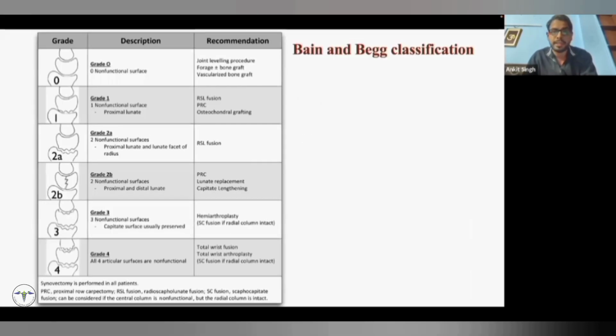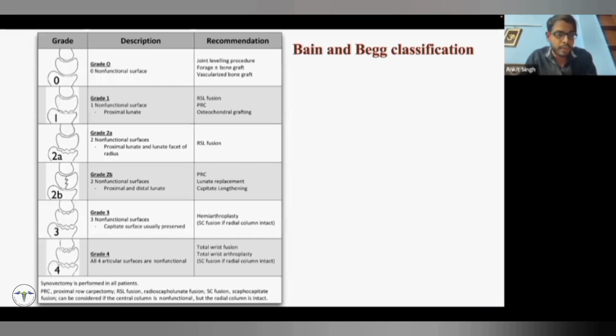A newer classification is by Bain and Begg, which is an arthroscopic classification, where, as you can see, there is a grade 0, where there is no non-functional surface. Grade 1 shows one non-functional surface, such as the proximal lunate, as seen in the diagram over here. Grade 2 has two subparts. 2A, there are two non-functional surfaces, such as the proximal lunate and the lunate facet of the radius.